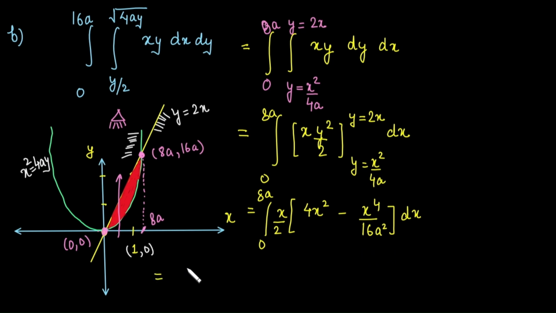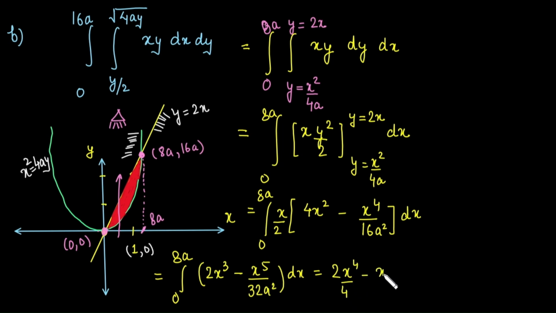This is equal to the integral from 0 to 8a of 2 times x cube minus x raised to power 5 by 32a square, dx. What is the integration of this with respect to x? That is 2 times x raised to power 4 by 4 minus x raised to power 6 by 32a square into 6. Lower limit is 0, upper limit is 8a.